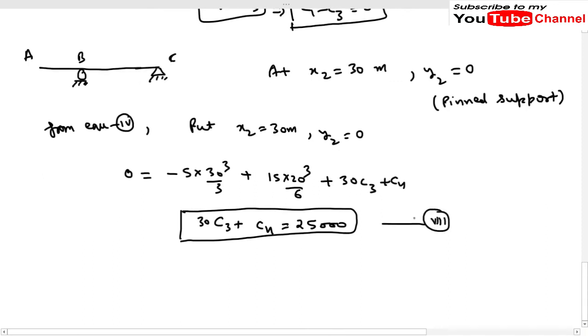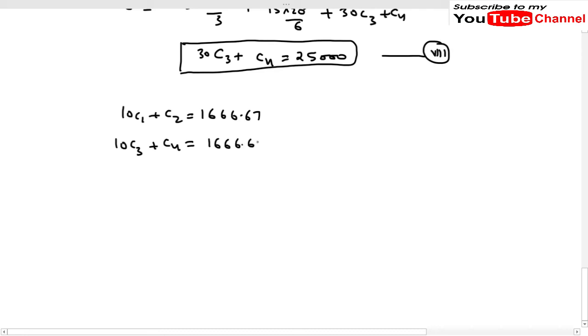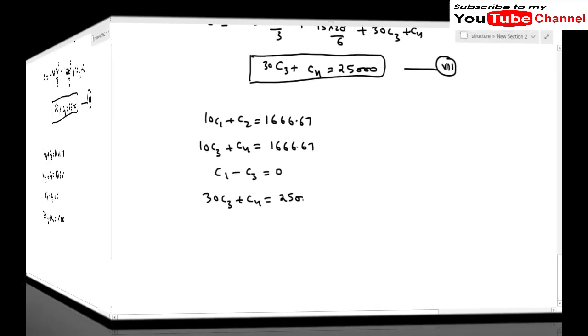Let us summarize these equations here. The first equation is tan c1 plus c2 is equal to 1,666.67. The other equation is tan c3 plus c4 is equal to 1,666.67, and the other equation is c1 minus c3 is equal to 0. The last one is 30 c3 plus c4 is equal to 25,000.